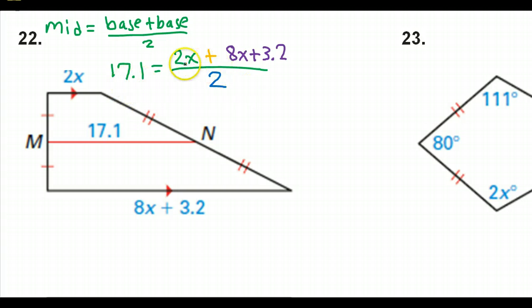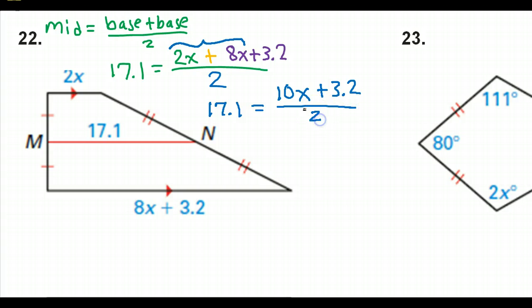Okay, mid segment equals base plus base divided by 2. So it's just a matter of simplifying this and solving for x. Alright, well, in this area right here we have some like terms. So this equation is going to become 17.1 equals 8x plus 2x, of course that's 10x, plus 3.2 divided by 2.